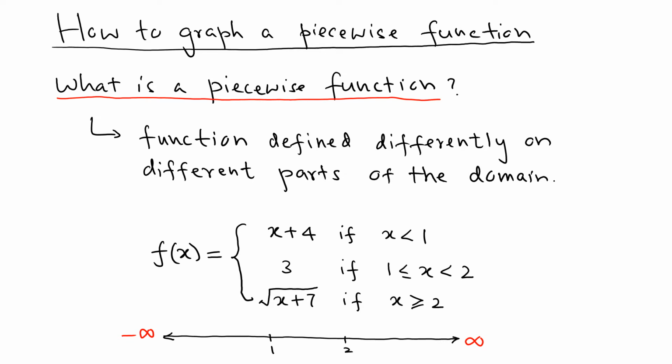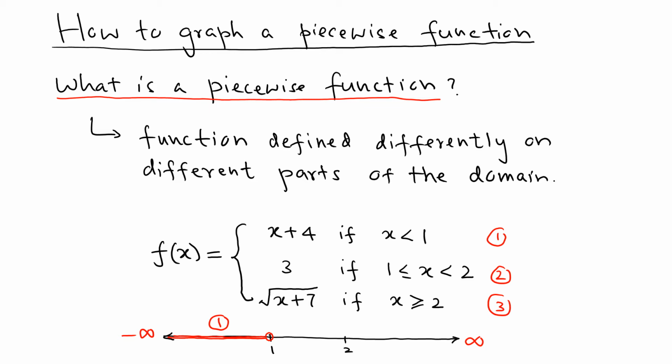So let's say this is part 1, this is part 2, and this is part 3. The first part goes from negative infinity to 1, and that is part 1. For this part of the domain, the function is the first function.